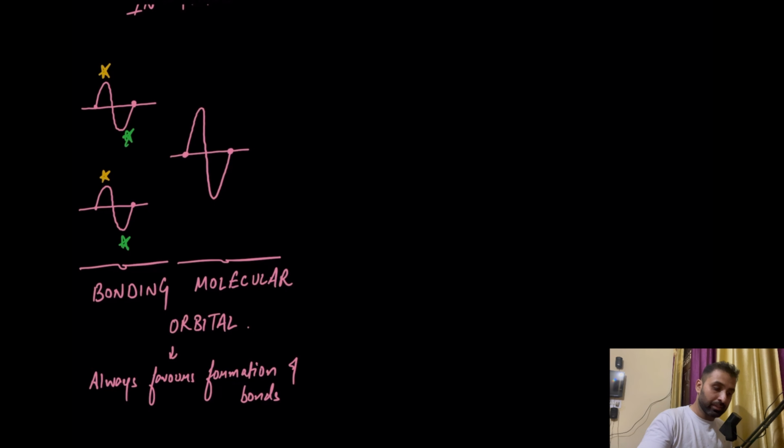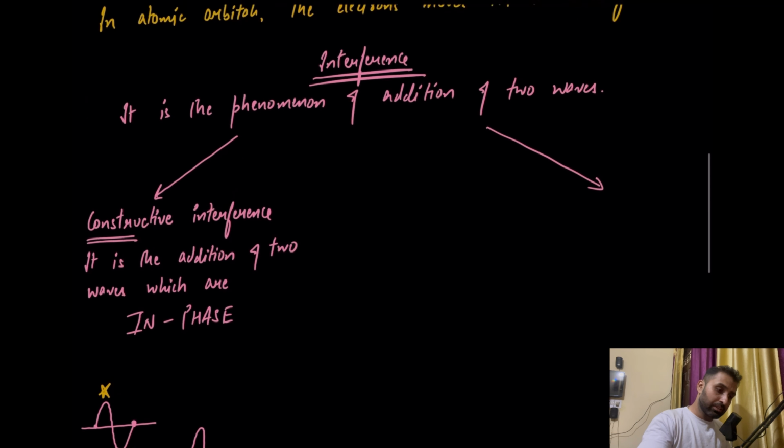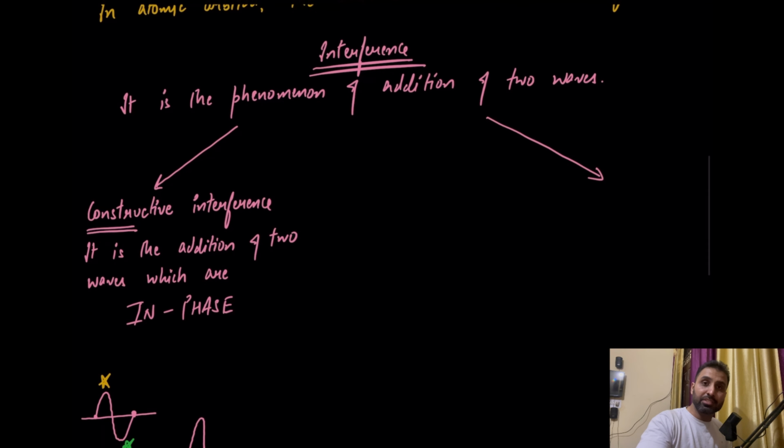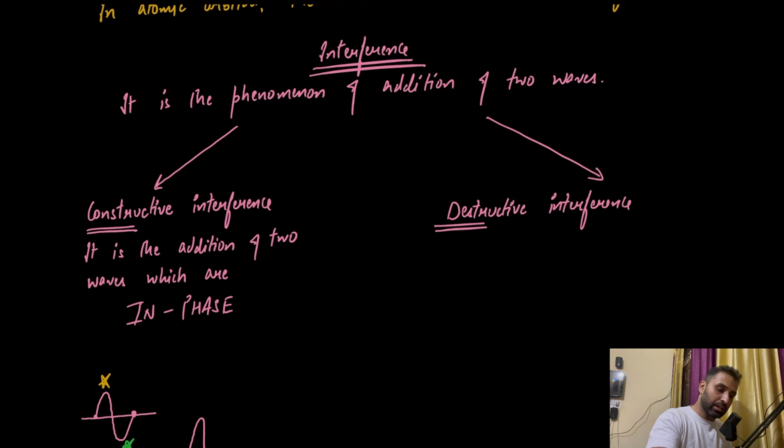Now, let's move to the other type of interference, called destructive interference. Again, it is the addition of two electronic waves of two different atomic orbitals of different atoms, but these two waves are out of phase.